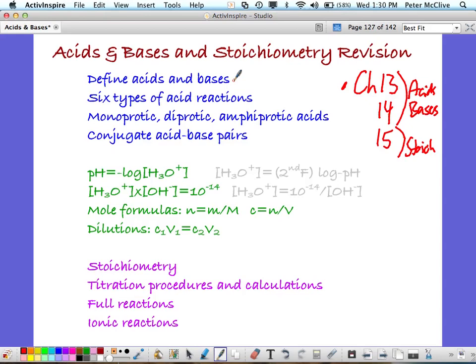They have certain properties. Acids have a sour taste. Bases have a bitter taste. There's a soapy feel, the bases, and acids are corrosive. So those basic definitions, good to know.